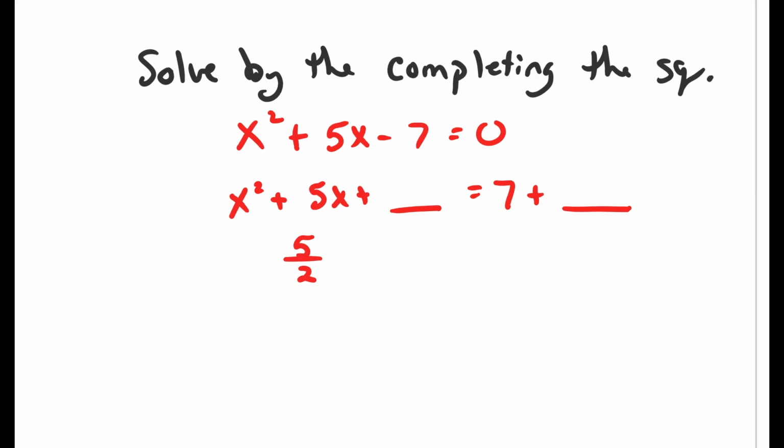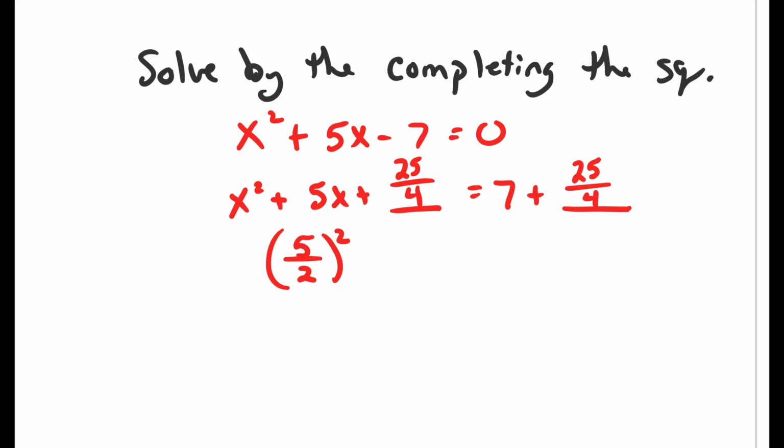And then we have to do what to it? Square it. What's 5 over 2 squared? Be very, very careful. Over 4. So it'd be 25 over 4. Make sure you square the numerator and the denominator when you're squaring a fraction. And so this would be over here at 25 over 4.